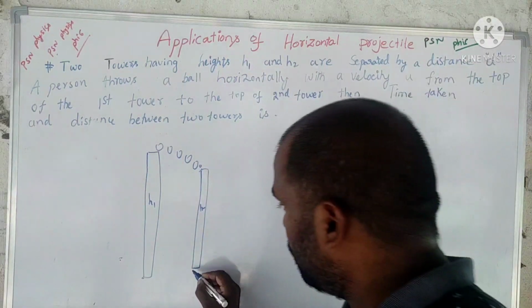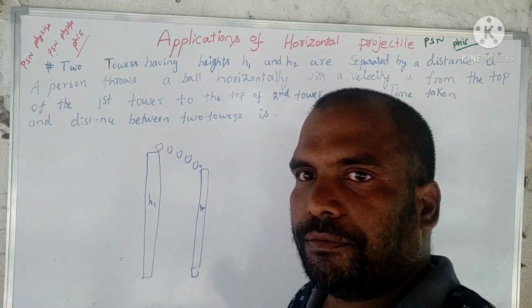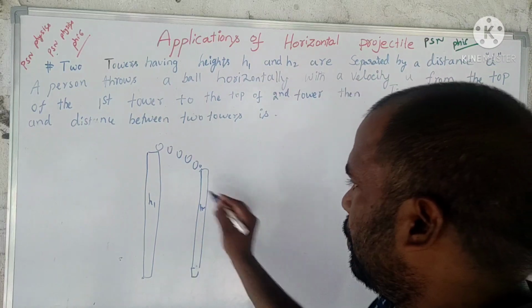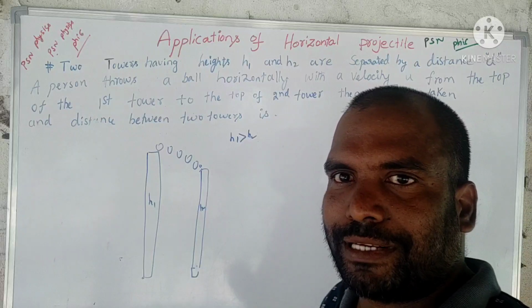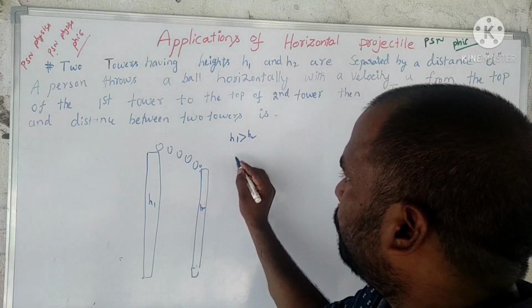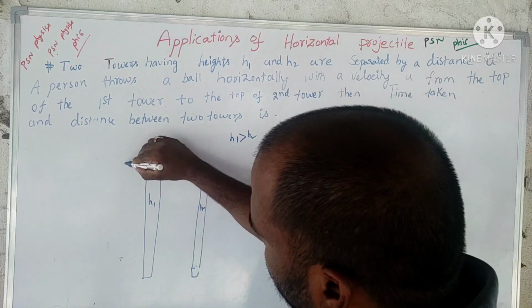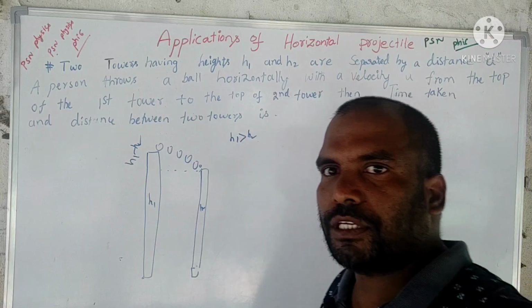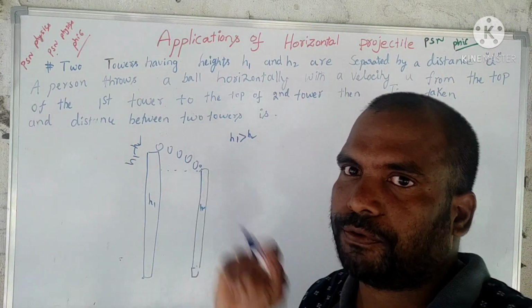Now to calculate, we have to find the difference in the heights. h1 is greater than h2. The difference in height here is h1 minus h2. From this height h1 minus h2, the ball is falling.